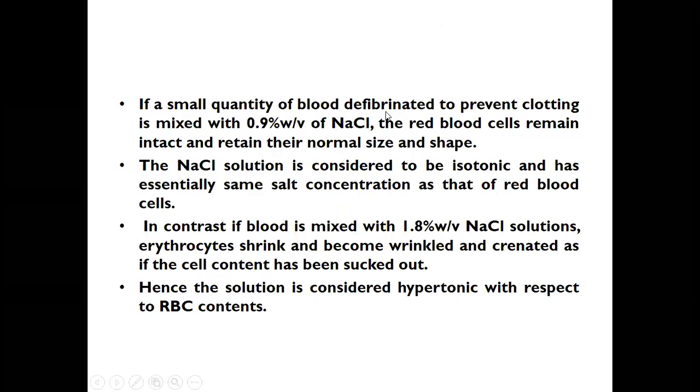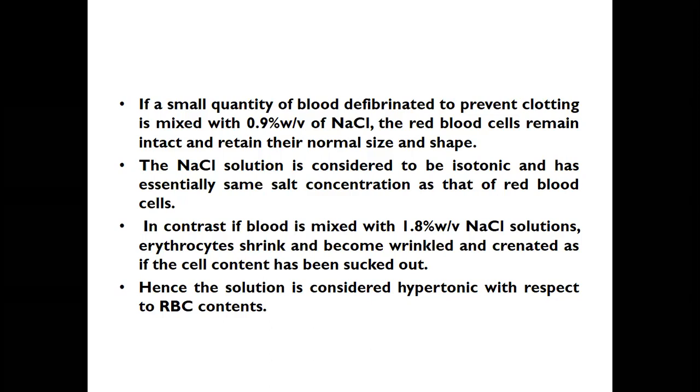If a small quantity of blood, defibrinated to prevent clotting, is mixed with 0.9% weight by volume NaCl, the red blood cells remain intact and retain their normal size and shape. The NaCl solution in this case is considered isotonic and has essentially the same salt concentration as the red blood cells. In contrast, if blood is mixed with 1.8% weight by volume NaCl solution, erythrocytes shrink and become wrinkled and crenated, as if the cell content has been sucked out.